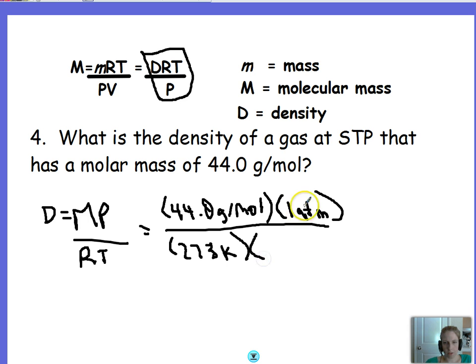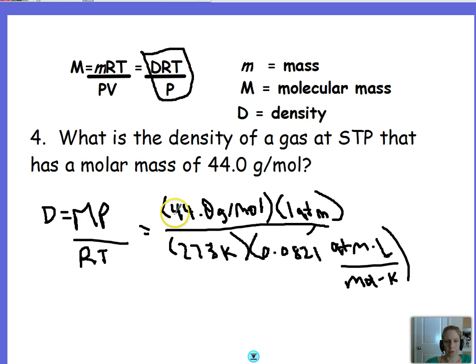And because I chose atm here, I'm going to use 0.0821 atm times liter over my moles times Kelvin.